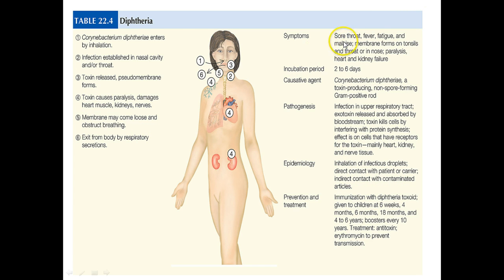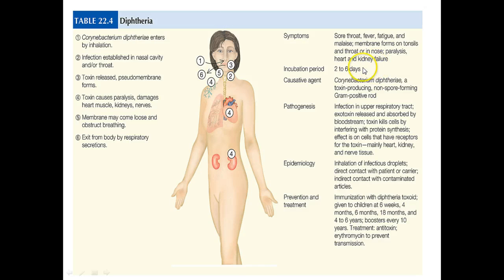Oh, here it is on the top. So sore throat, fever, fatigue, and malaise, but the toxins can destroy the cells of the throat. And so you get this membrane that forms on the tonsils or throat or in the nose, and it basically closes off the airways, right? And so the people aren't able to breathe, and that's usually how they die.